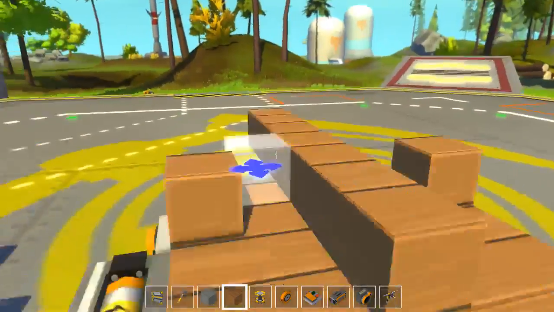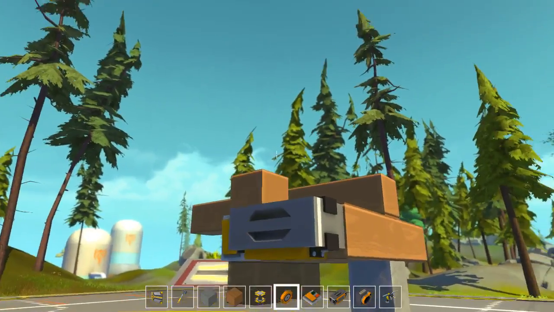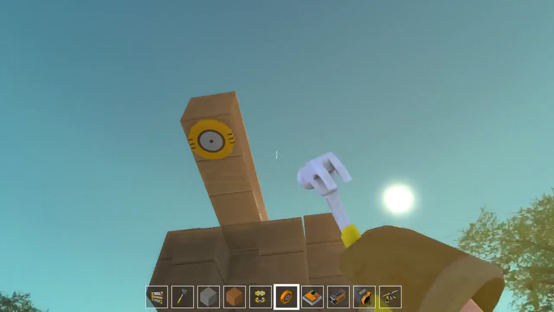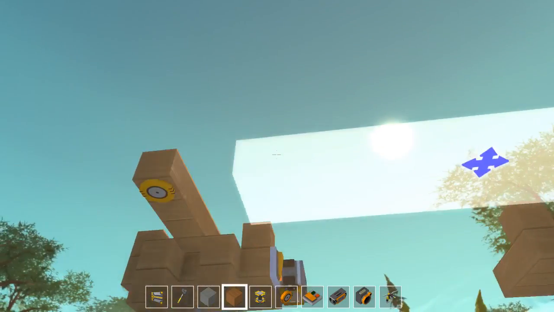Now, the cool thing about this is because all of these are free floating and locked, I only need one resetter. And this is why I needed that, because previously, when this was attached to the ground, I couldn't do this.